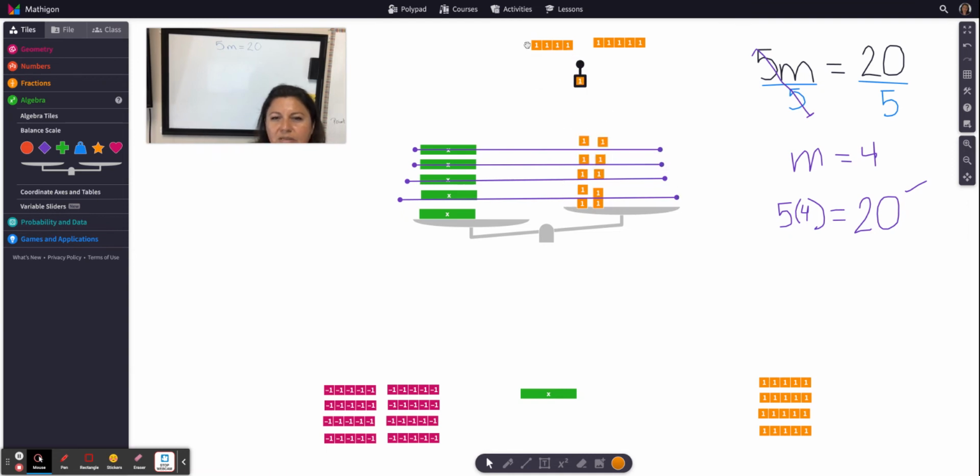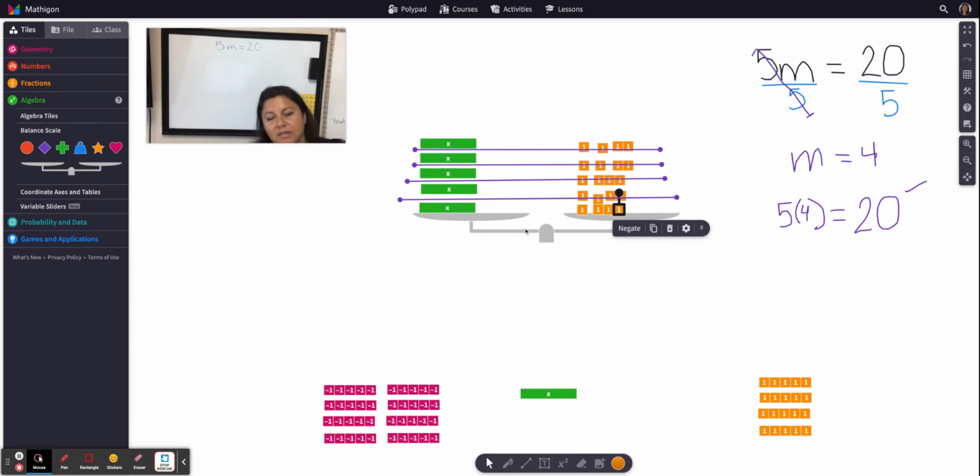So I'm trying to split them evenly between each group, right? Each variable. And so far each group has had 3, now each one has 4. There we go. My scale is balanced again.